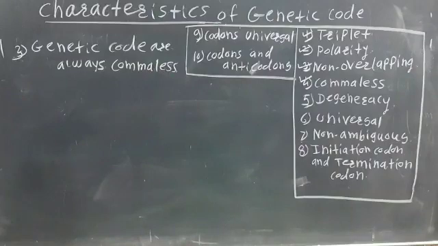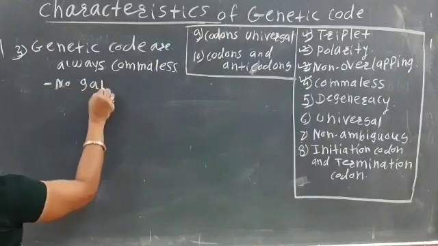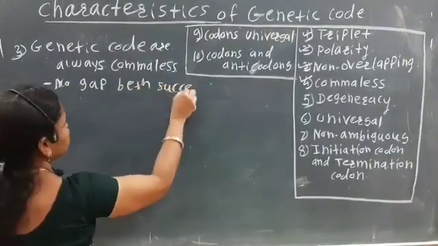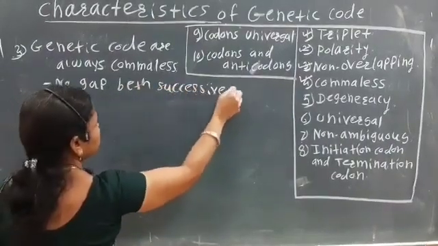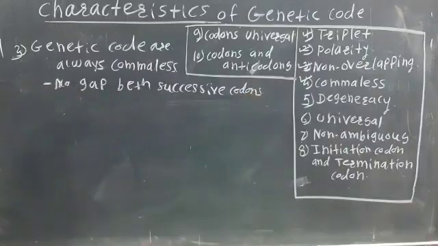Genetic code is always commaless. So commaless means without any gap. That is, there is no gap between the successive codons.